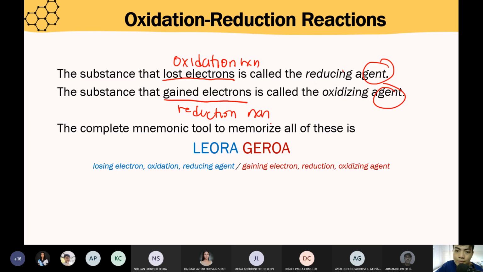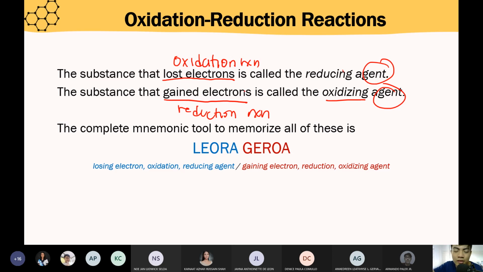Because the point of view is for the other reaction, for the other side. So, oxidizing agent, hindi siya yung ma-oxidize. Siya yung mag-undergo ng reduction reaction. Pero ang tawag sa kanya, oxidizing agent, because it will help the other reaction. Tutulungan niya yung kabila, the oxidation reaction. Paano niya tutulungan yung kabila?